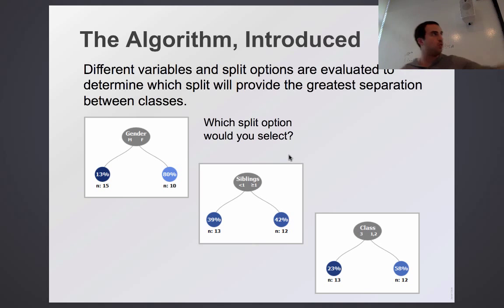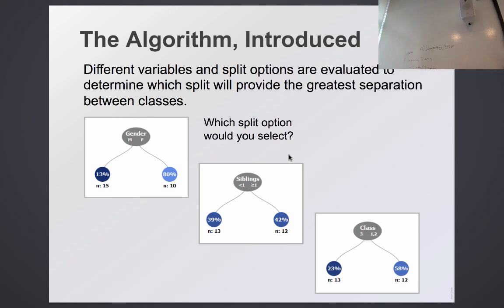The first one is the one that you saw on the decision tree. If you choose male or female, and let's say I'm choosing out of 25 people, and I ask, are they male or female? Of the males, they had a 13% chance of survival. Of the females, they had an 80% survival. That's one possible way I could have split up 25 people.